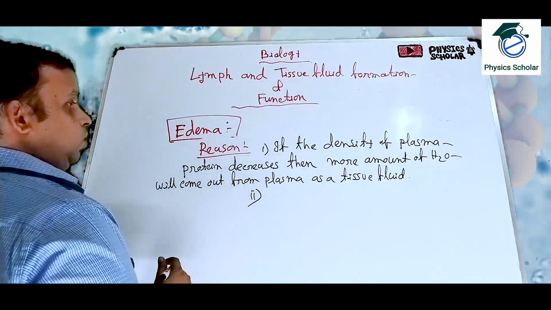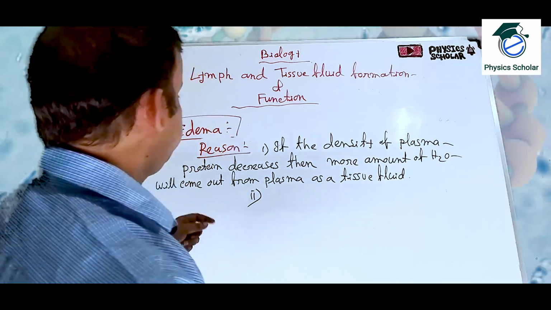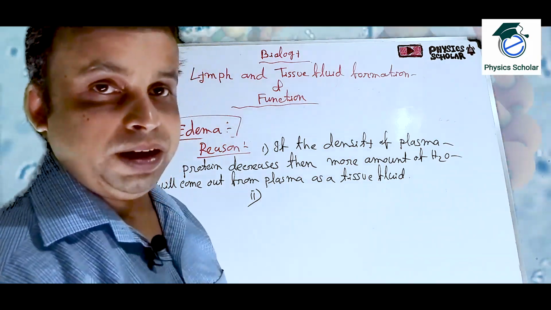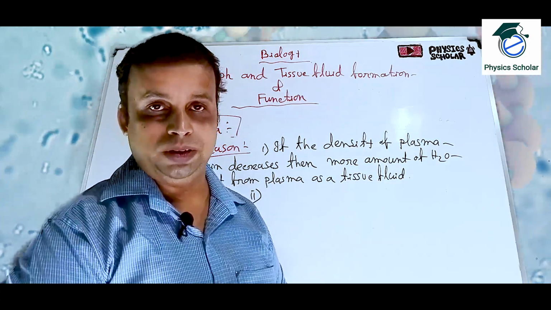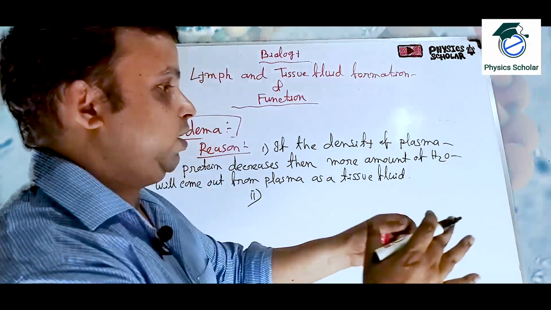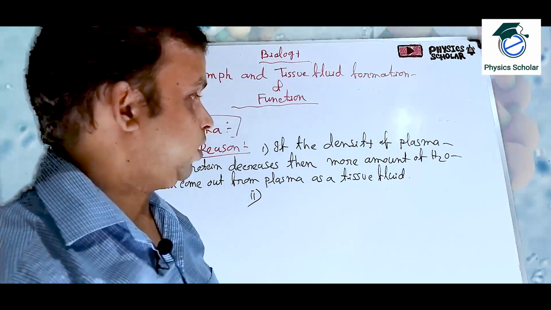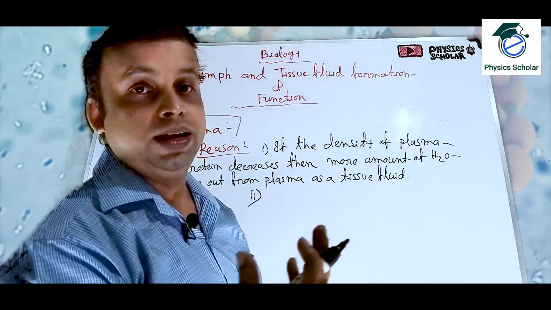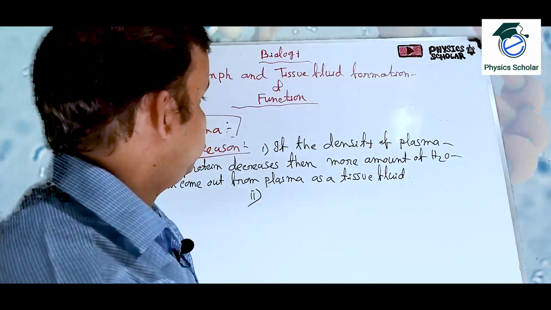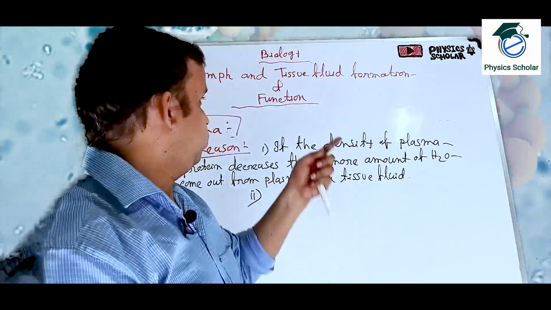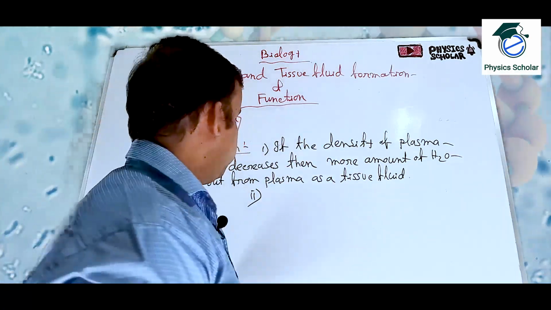So if the density of plasma protein decreases, more water will come out as tissue fluid, and it will be deposited in between the tissues, clear? So that part will be enlarged, so edema can occur, okay.